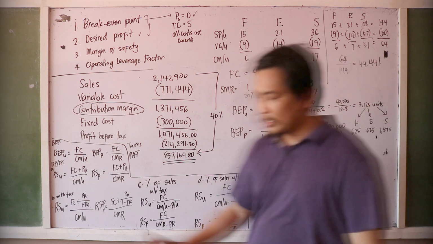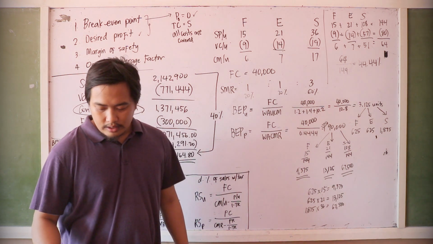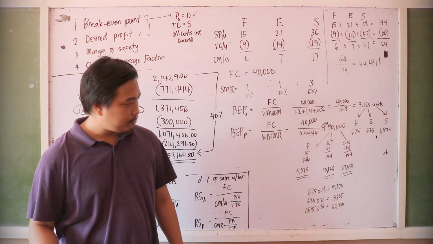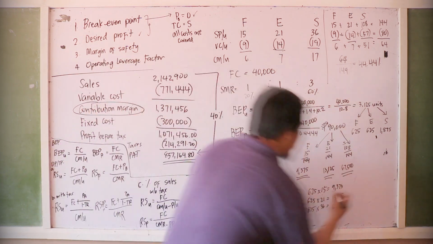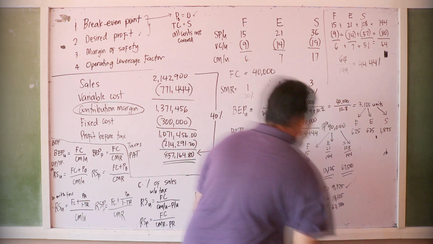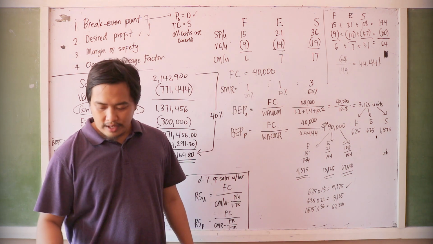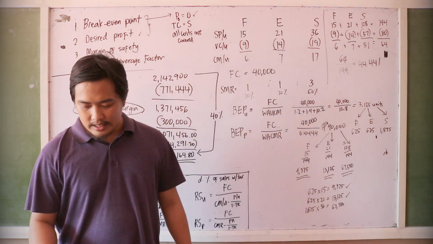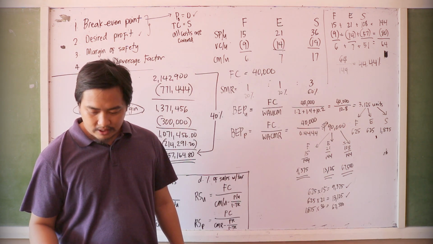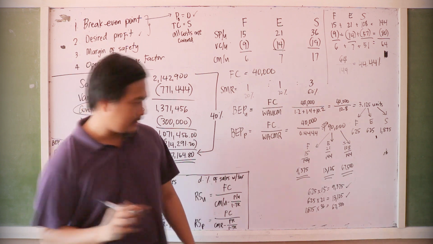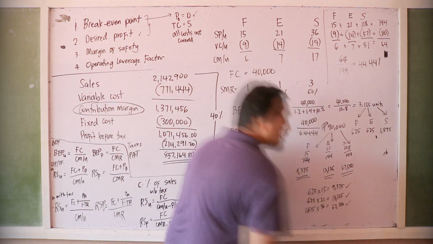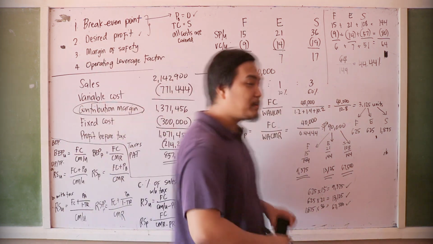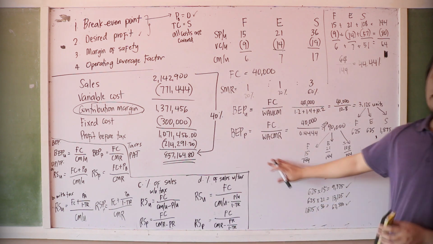I-check natin. 625 times 15 is 9,375. So, equal siya. Tama yan. 625 times 21 is 13,125. Tama ulit. And lastly, 1,875 times 36 is, yes, 67,500. So, ganyan tayo magko-compute ng break-even point kapag merong sales mix.